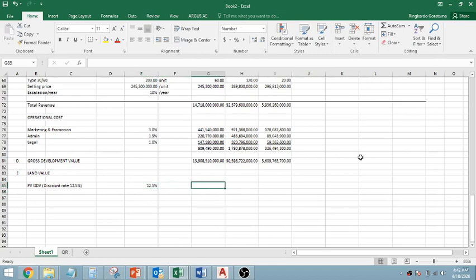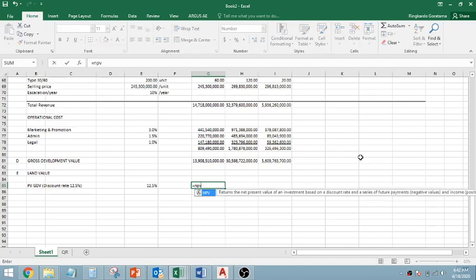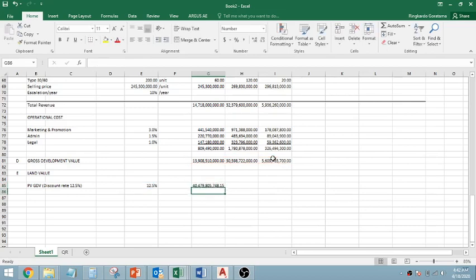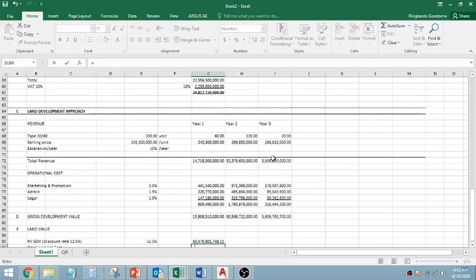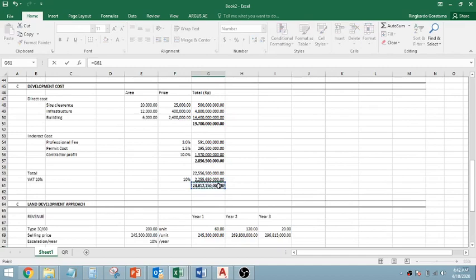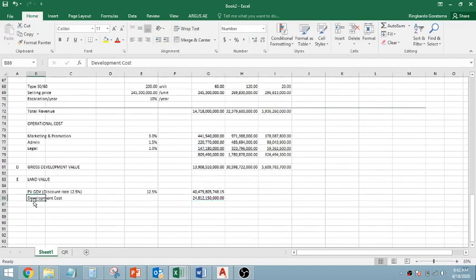So the present value of the GDV will be the net present value. We put the rate and we put here. So this is the present value of the GDV, and we already know the development cost. We take it from this one, and the last thing is the developer profit.